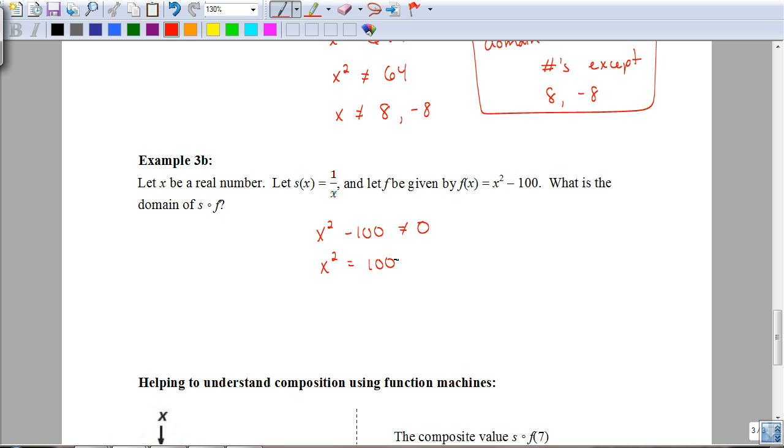And what two numbers, when I square them, would give me 100? Well, that would be 10 and negative 10. So your answer for this one should have been, your domain is going to be all real numbers except 10 and negative 10.